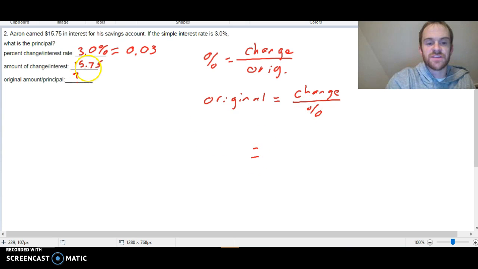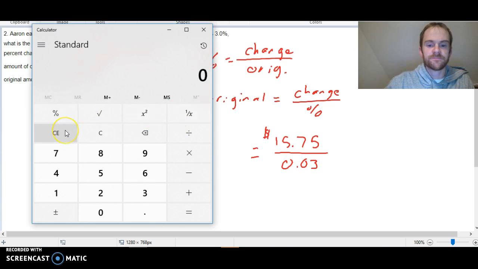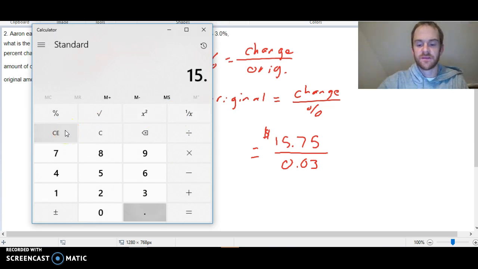Well, my change I found was $15.75, and the interest rate was 3%, or 0.03. So let me pull up my calculator again. $15.75 divided by 0.03.